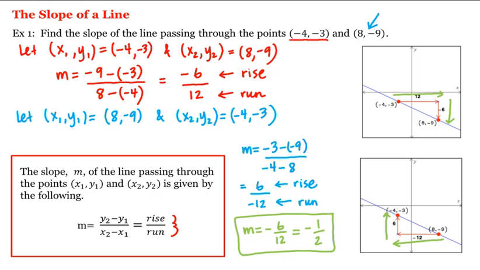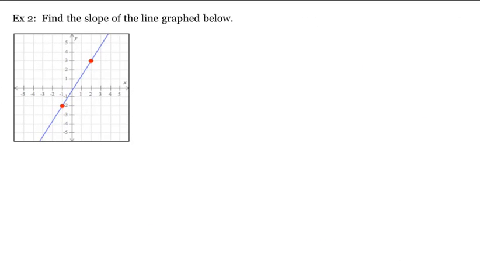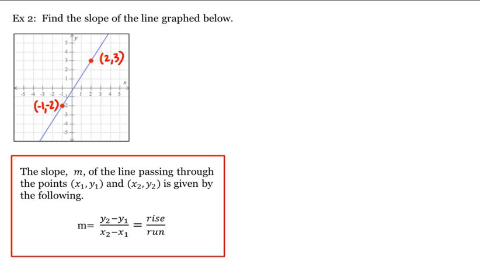Let's look at another example. Let's find the slope of this line that's graphed here. All right, so this is the point -1, -2, and this is the point 2, 3. Again, we're going to apply our slope formula here, that the slope is y2 minus y1 divided by x2 minus x1.